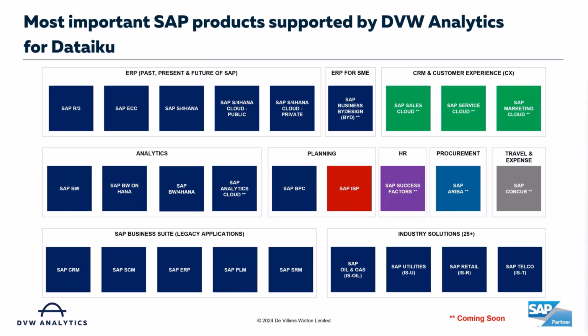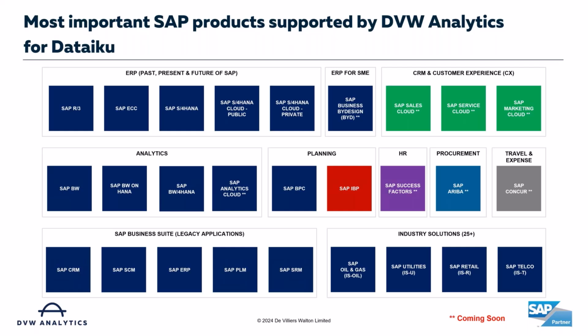SAP ECC, where the bulk of the SAP user community still sits. And then we have the different flavors of SAP S/4HANA. So ultimately, we don't care if it's on-premise S/4HANA, whether it's the public cloud S/4HANA or the private cloud S/4HANA, wrapped around RISE or Grow for SAP. We support those products fully today.